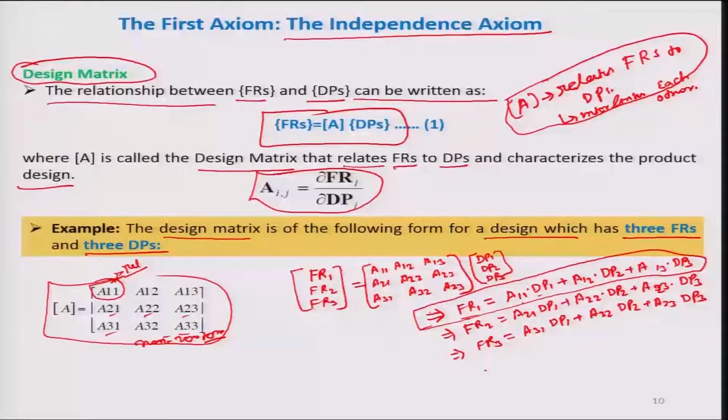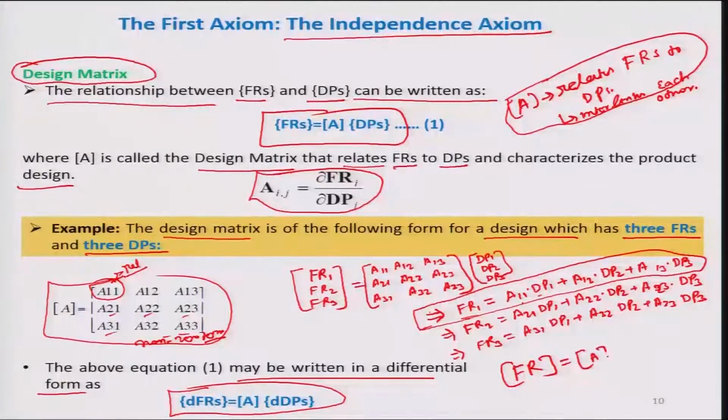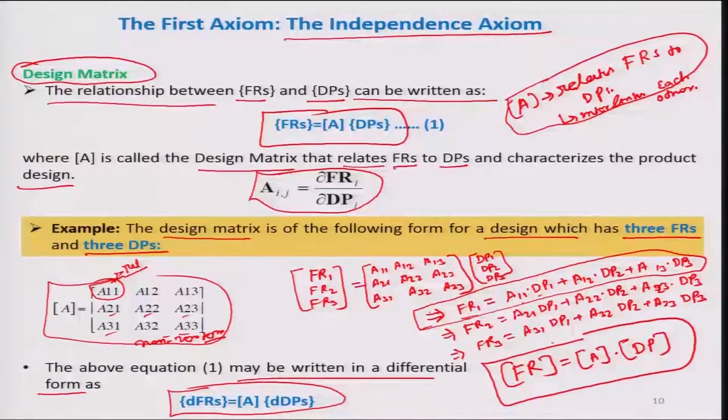The above equation can be written in differential form as dFR is equal to A into dDPs. In a broad way, the functional requirement is equal to the design matrix into the matrix of designing parameters. Now, types of design matrix.